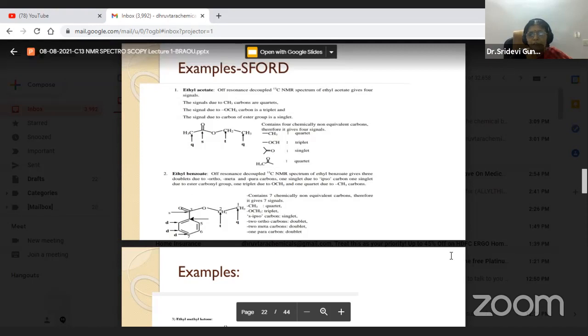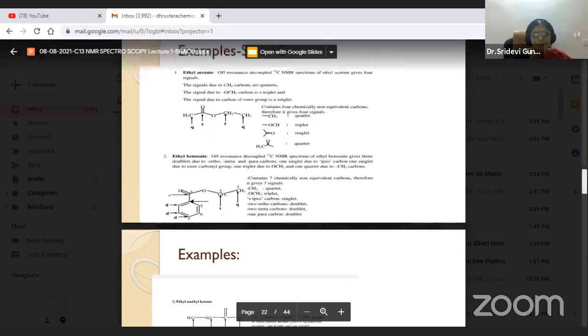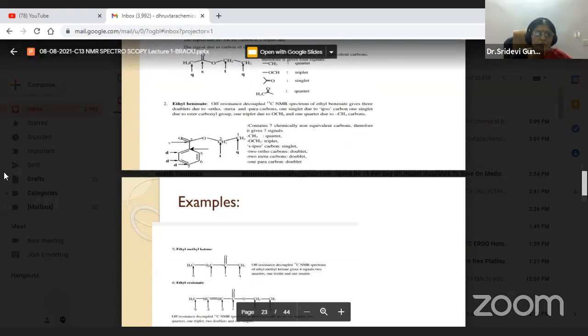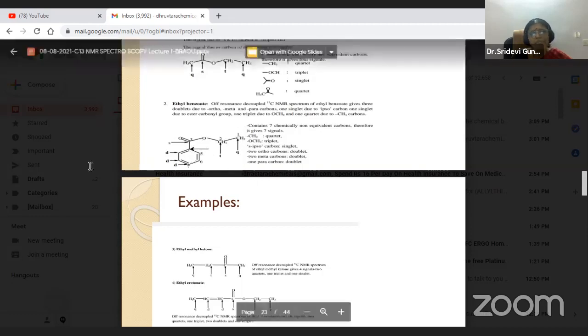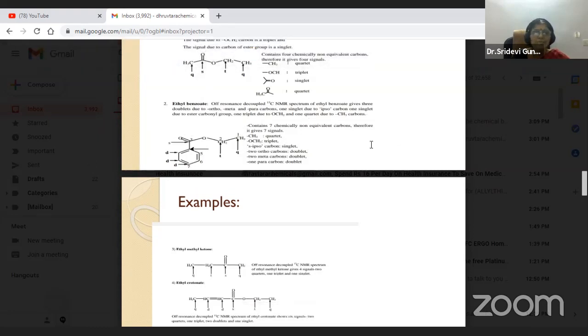In ethyl benzoate, how many signals do you expect? The non-equivalent carbons are CH3, CH2, the carbonyl carbon, and the ring carbons, where the two ortho carbons are the same and the two meta carbons are the same. Overall 7 non-equivalent carbons, so you get 7 signals.